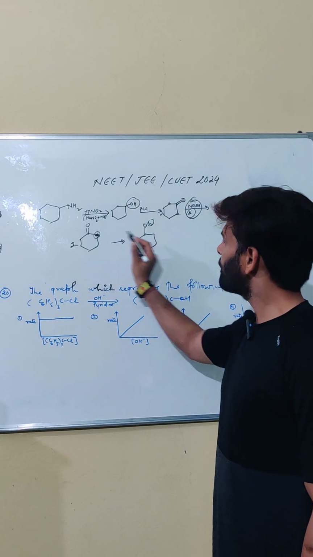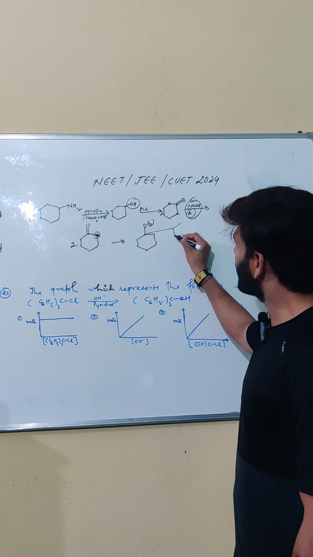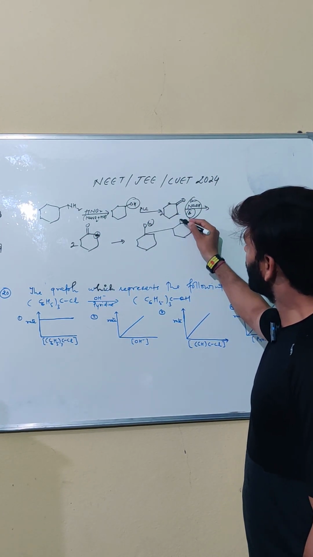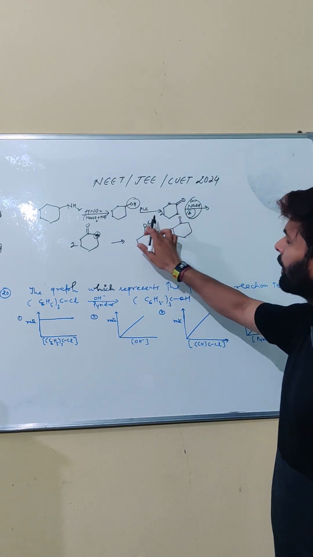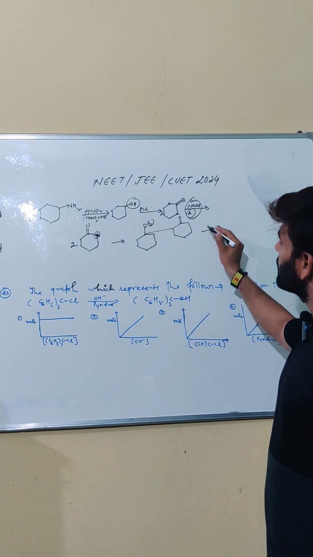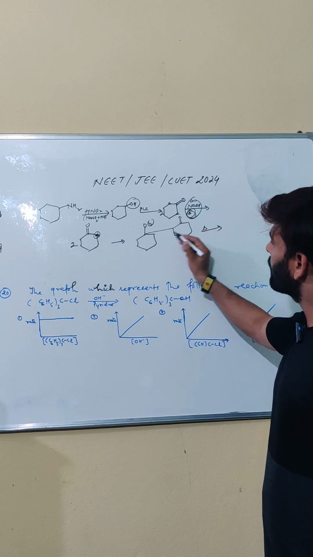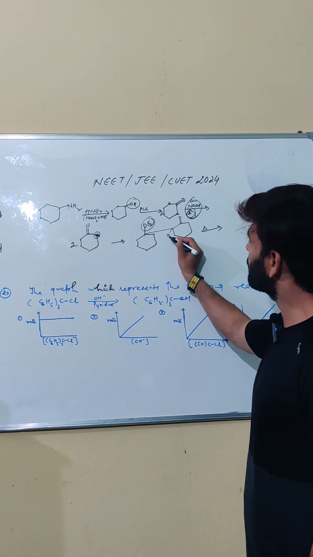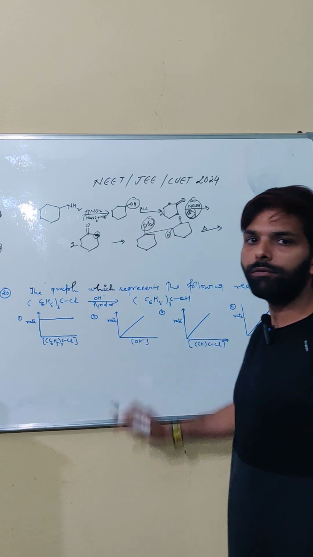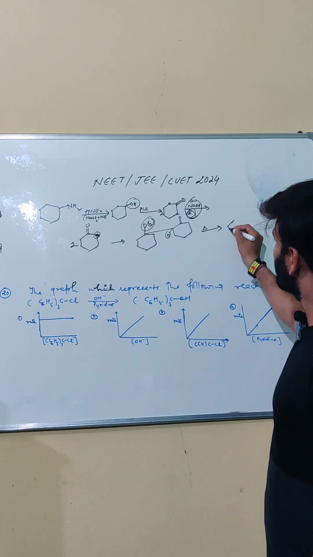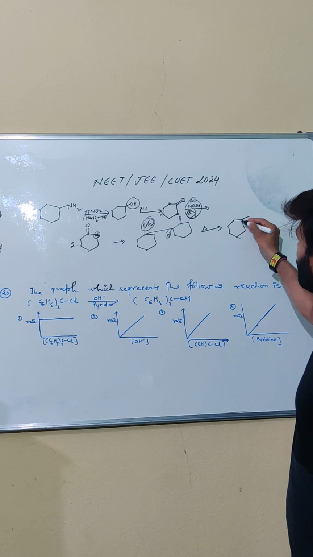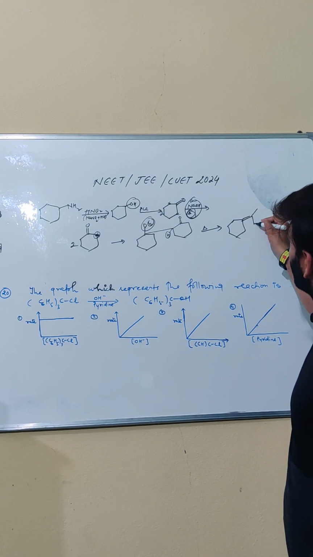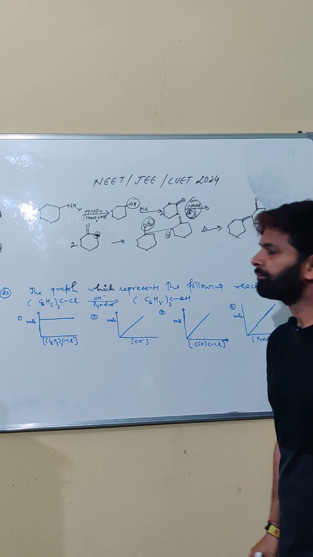That means this carbon and this carbon will get attached. Okay, so this is aldol, ketone and alcohol. But since we are heating this compound, OH from here and hydrogen from here will get removed in the form of water, and you will get this type of alkene. So the final product will be this.